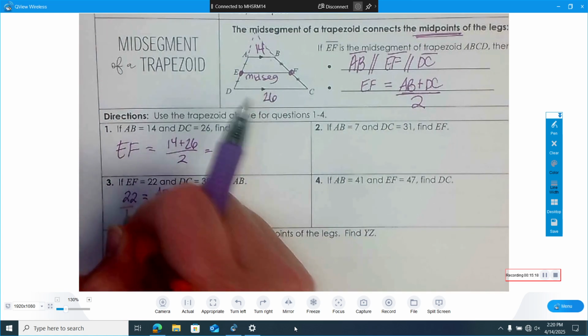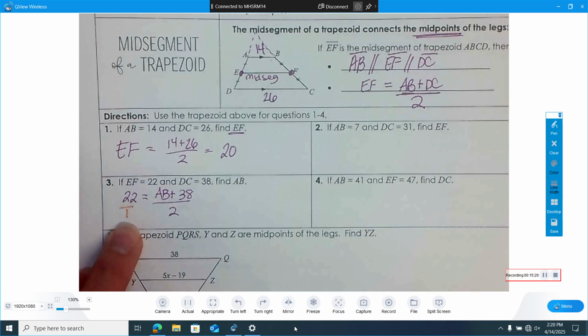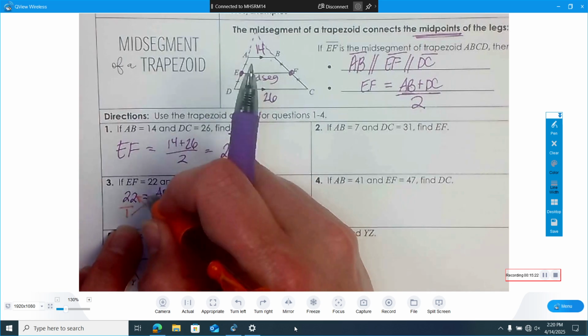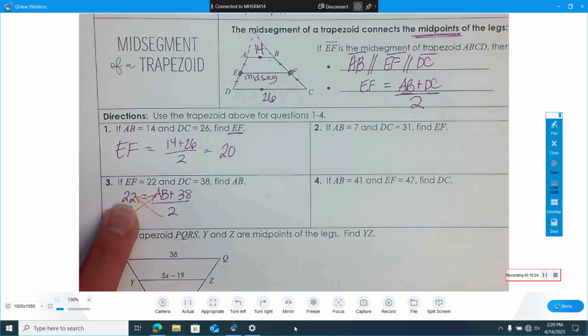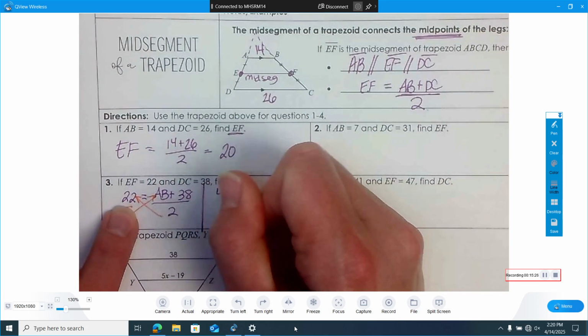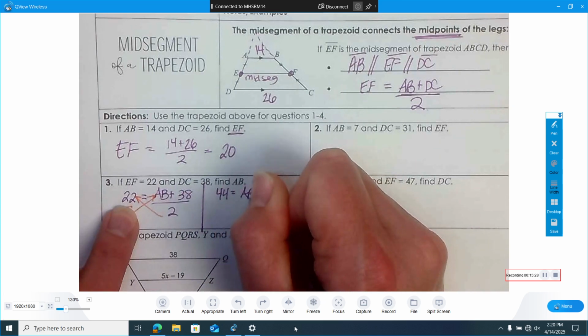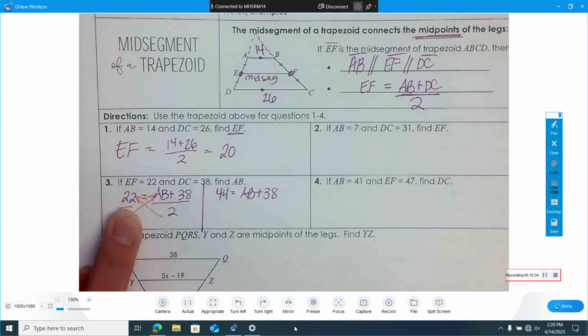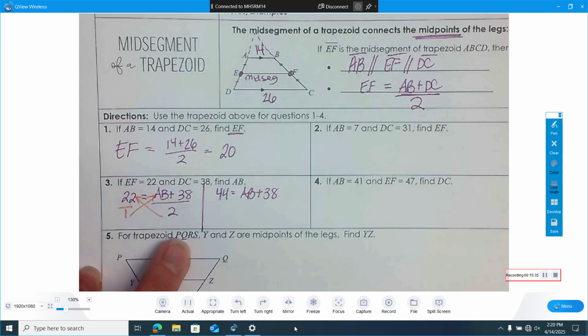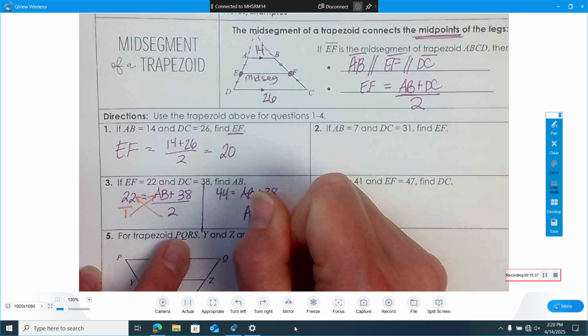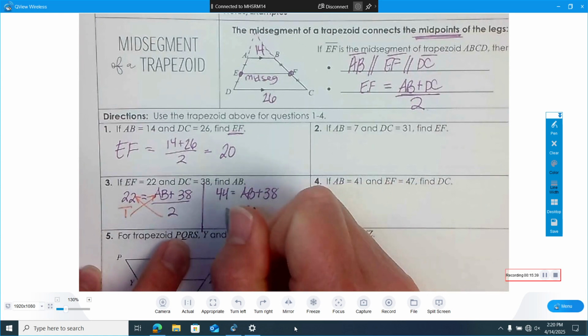Multiply it to, yeah, you can imagine putting a 1 under the 22, and then it's just sort of like cross-multiplying. But really, we just need to multiply that 2. So we get 44 equals AB plus 38. And how do you get AB by itself? Minus 38. So AB equals 6.